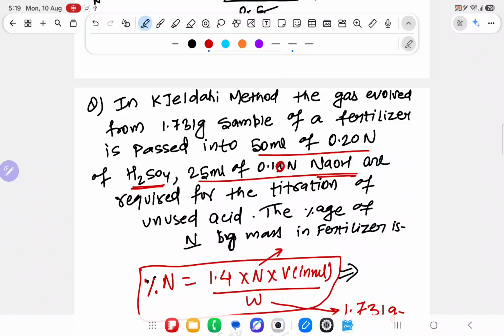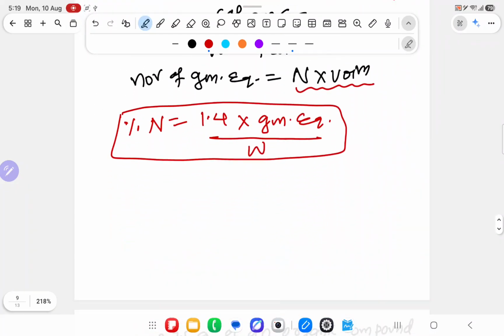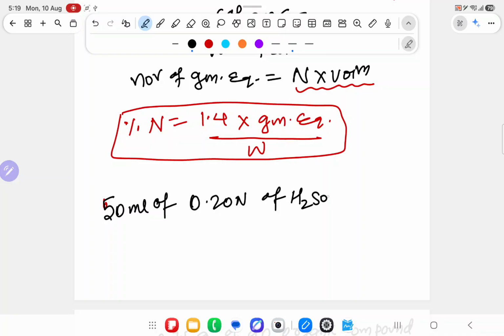What is getting neutralized? In this question I have 50 ml of 0.20 normality of H2SO4.